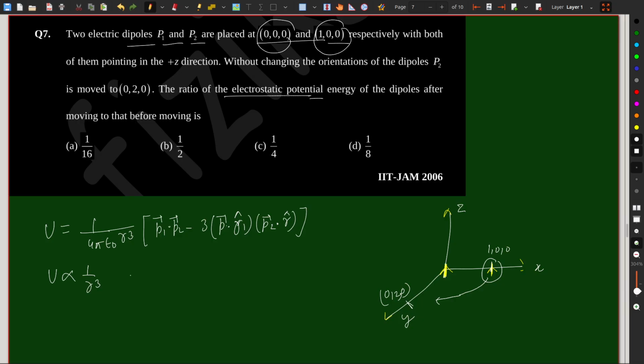So in the first case, r is equal to 1, so U will be k over r cube, this will be k, and that is U1. In the second case, r is equal to 2, so that will be k over 8.